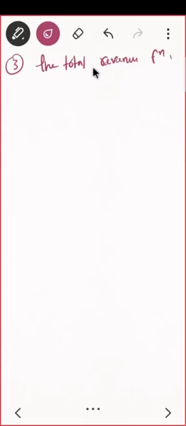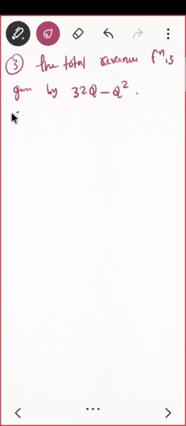Let us see one more problem. Suppose the total revenue function is given by 32q minus q square.